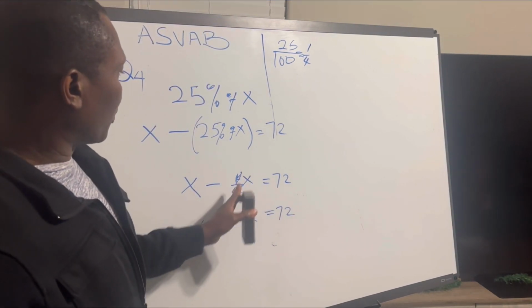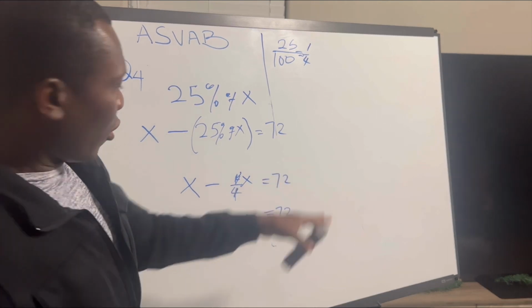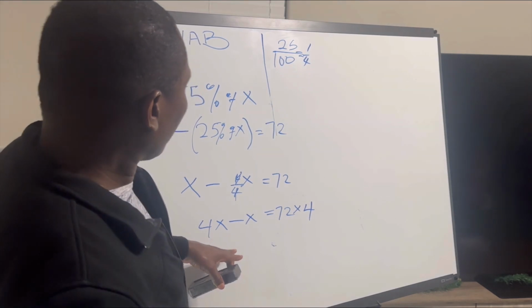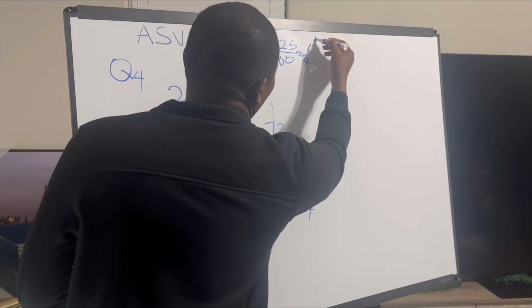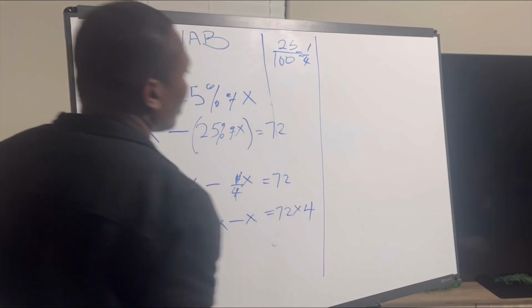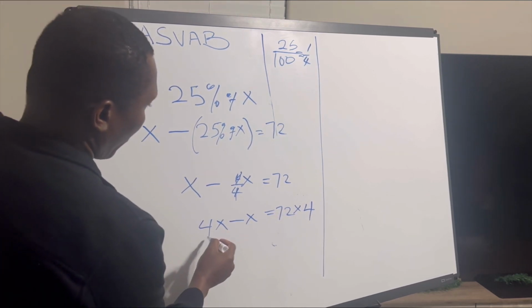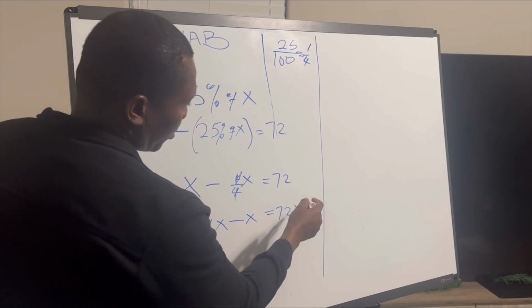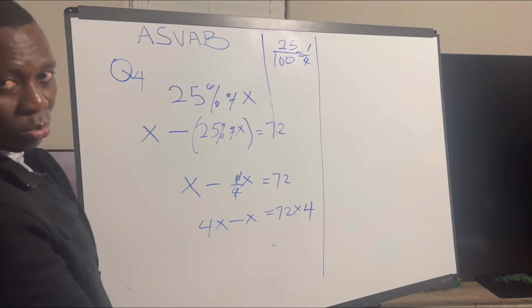So I said we multiply both sides by 4, and here we forgot the 4. Now the equation goes like this: 4X minus X equals 72 multiplied by 4.